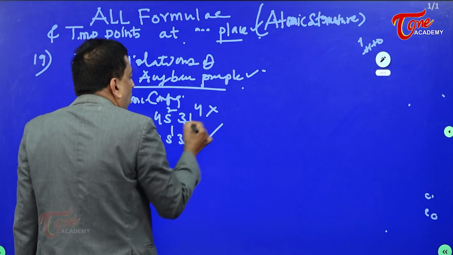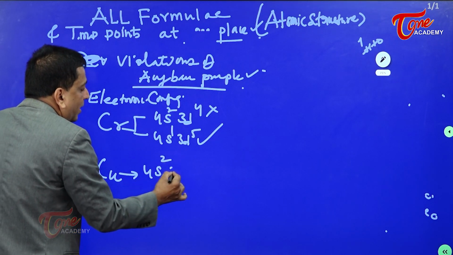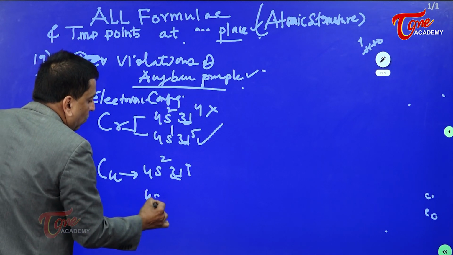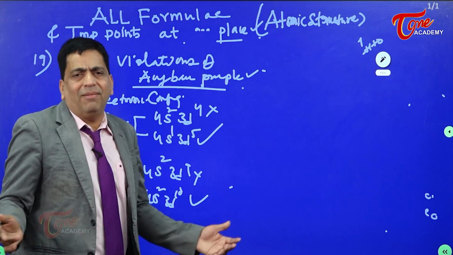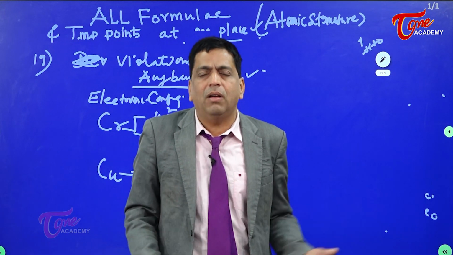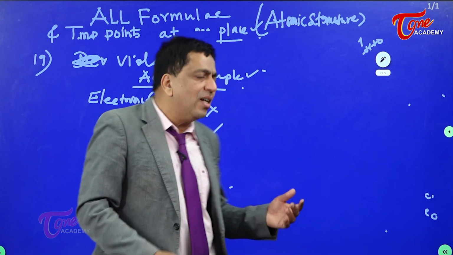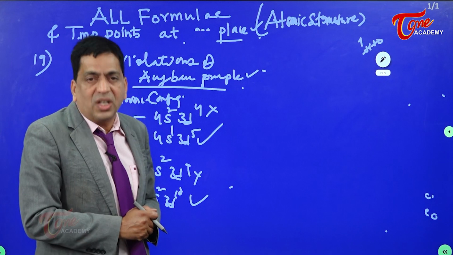This is correct, this is wrong. Similarly, you can say 4s2 3d9, and actually it is 4s2 3d10. This is wrong, this is right. And I gave you a clear explanation while explaining the Aufbau principle that if the difference between the subshells is less, the electronic configurations get violated.